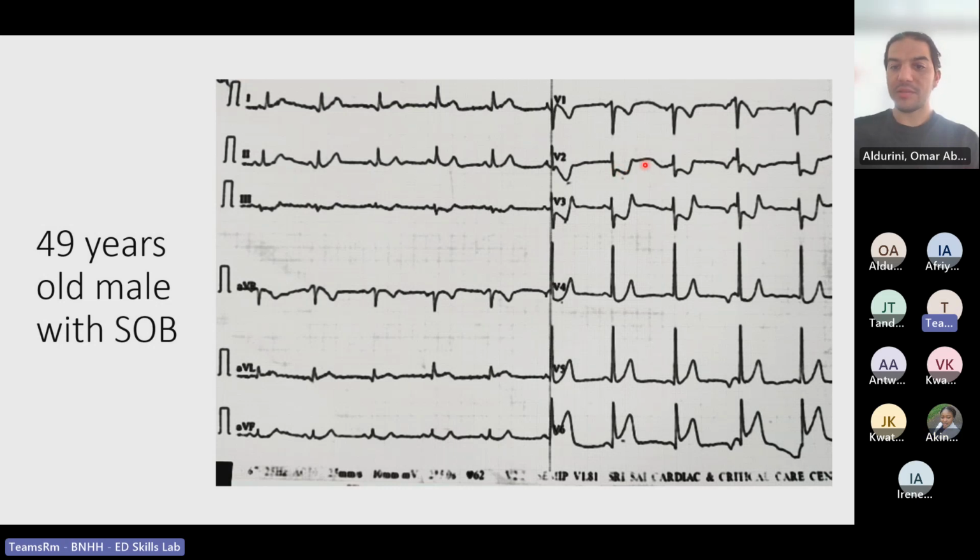This is the TP line. So this is the T wave. And this is the TP line, which is our baseline, and this is the J point. You can see that the J point is downward. If this is your baseline, the J point is down. So this is an ST depression in V2.